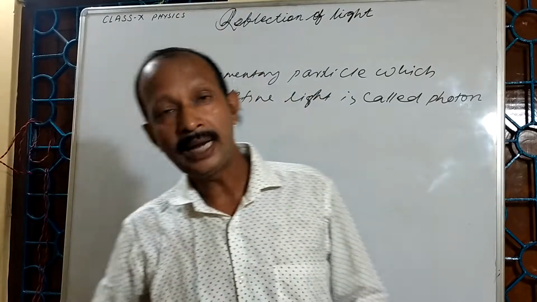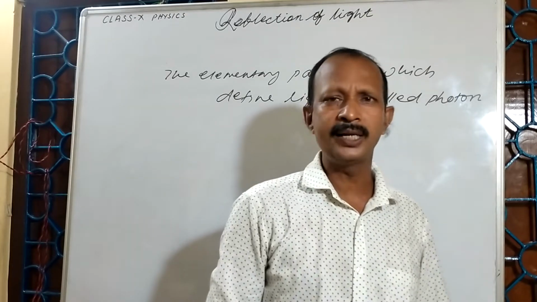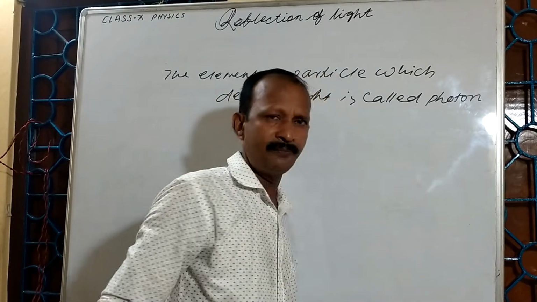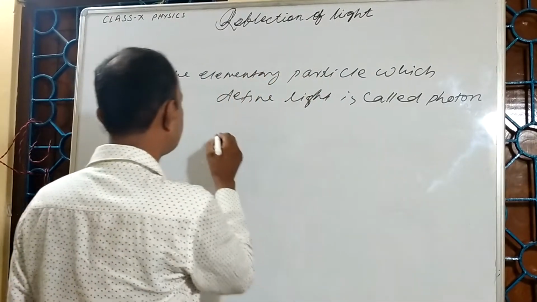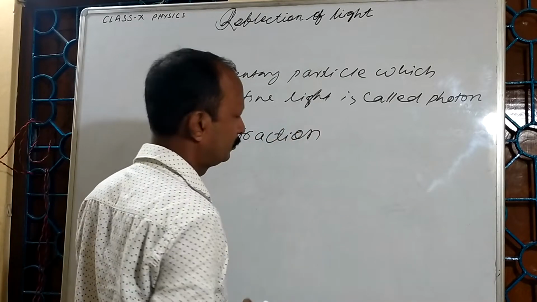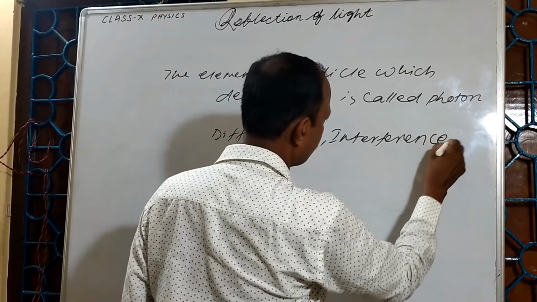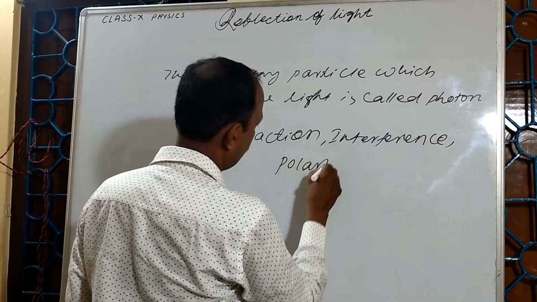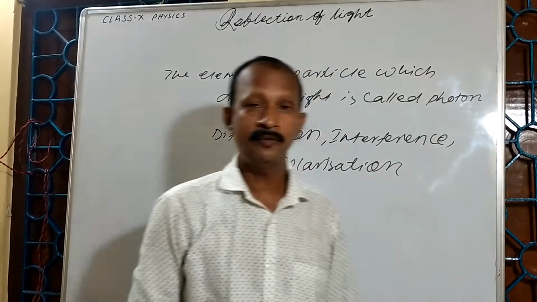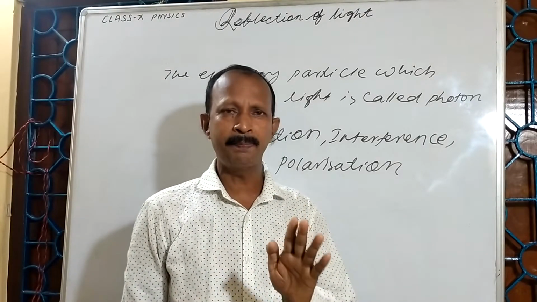I said that light has dual nature. One is the wave nature, the second one is the particle nature. Why did we accept this? Because some phenomena of light, like diffraction, interference, and polarization, are properties we observe, and they cannot be understood by particle nature.